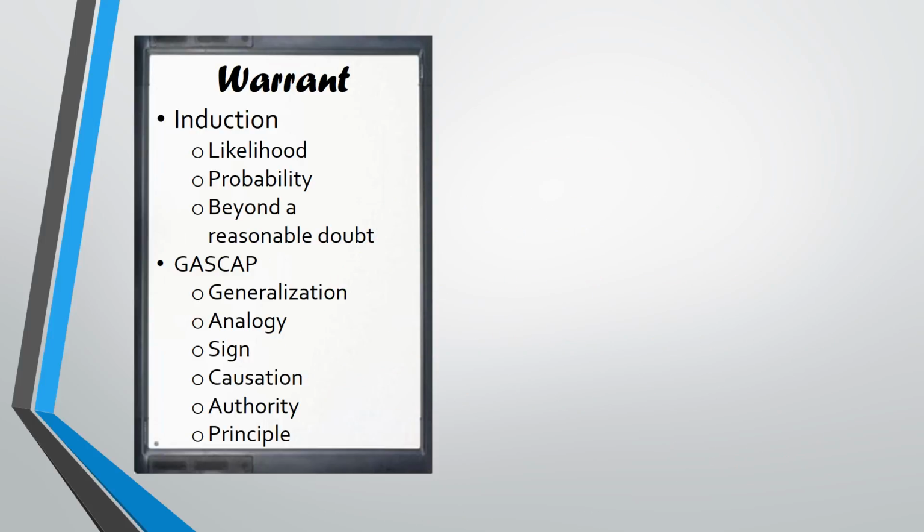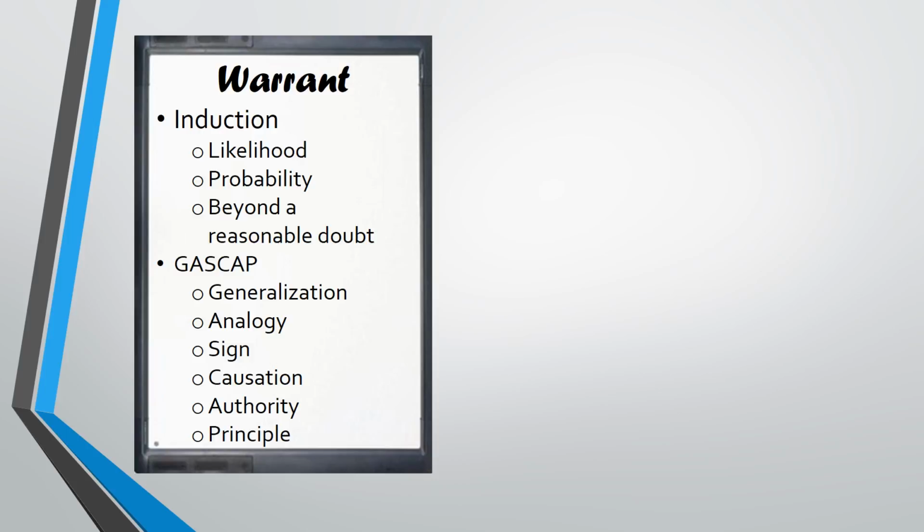Okay, I know that was a whirlwind tour of warrant and your head is probably spinning right now. But don't panic. There's not going to be a test requiring you to keep all of this straight. Same thing goes for evidence. That's not how this class works.